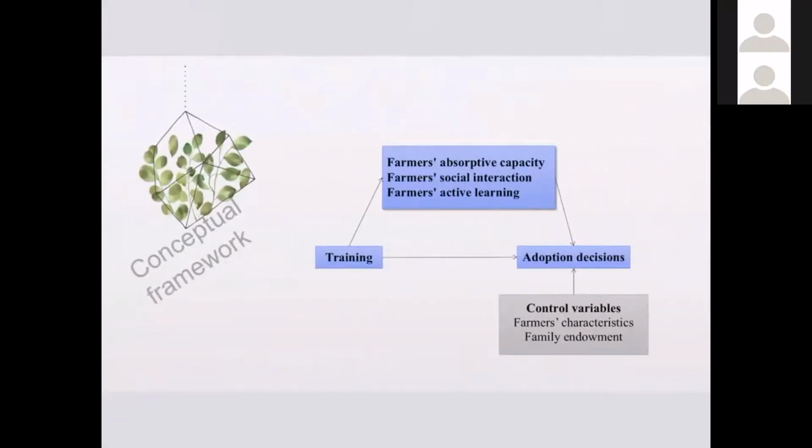Next, I will describe the conceptual framework of this paper. Agriculture training aims to make farmers aware of the new technology and understand its best practice. If farmers find the new technology feasible in production practice and able to bring economic returns, they have a tendency to adopt it.